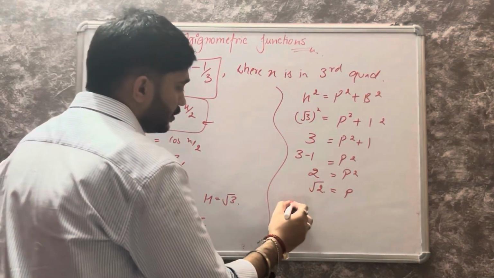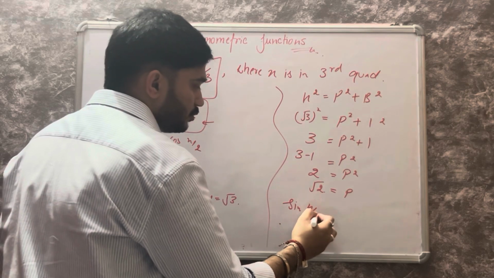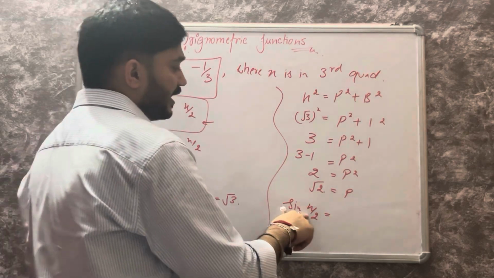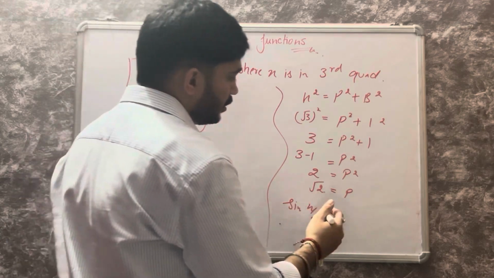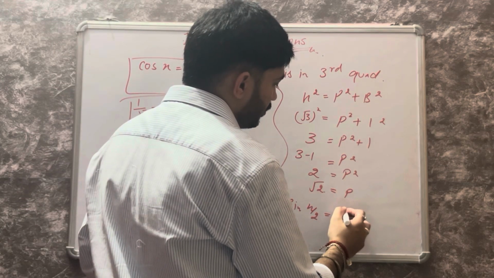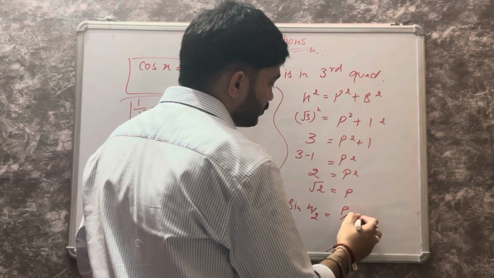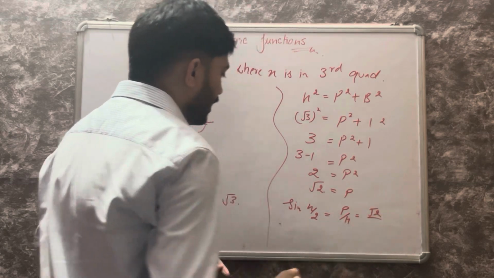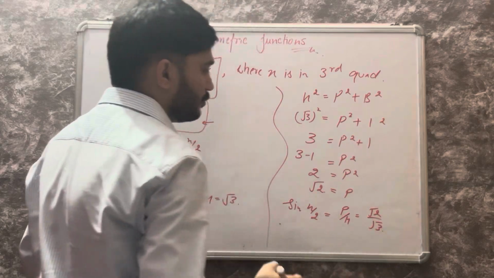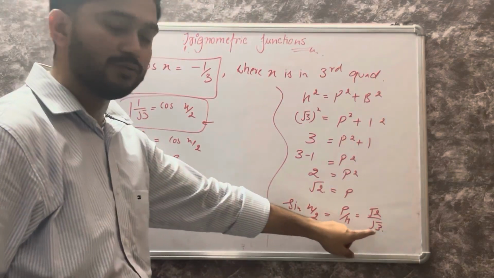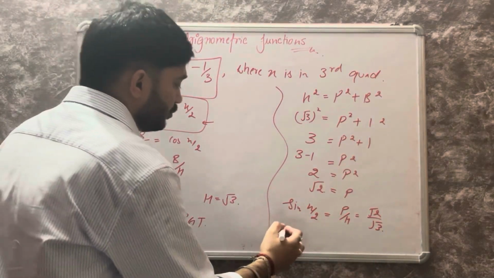We have to find sin x by 2. Sin x by 2 is positive in second quadrant because sin is positive in second. So the value will be perpendicular upon hypotenuse. Perpendicular is under root 2 and hypotenuse is under root 3.